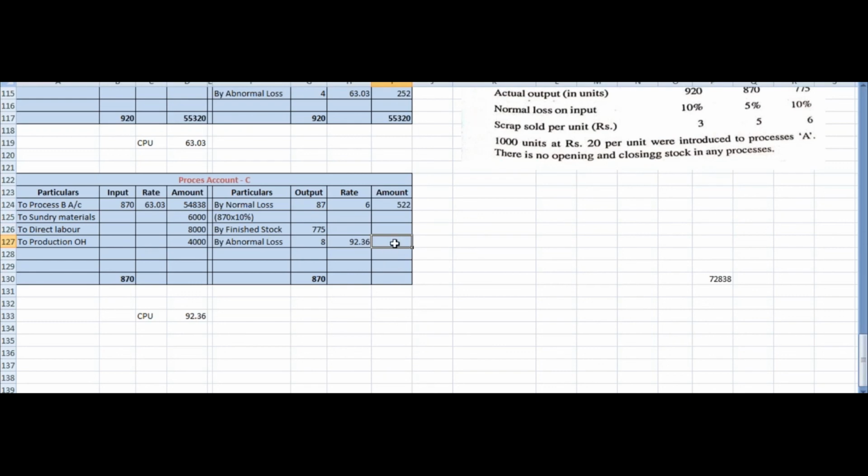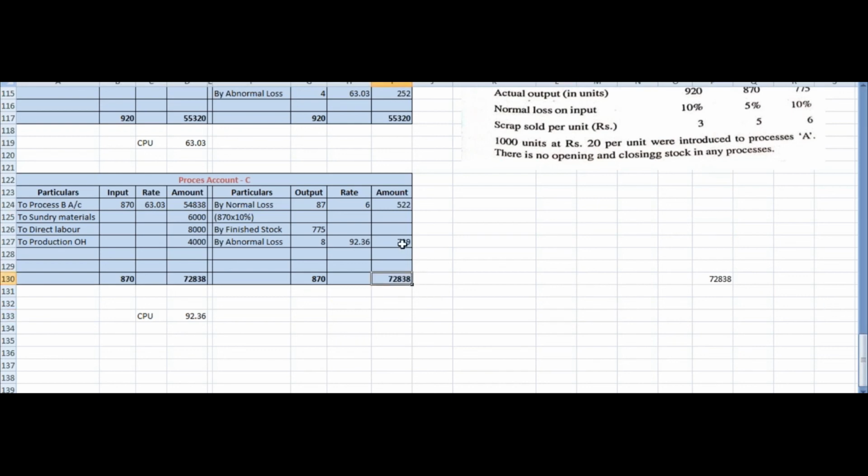It is 738.88, so I rounded that one. Then check the total. This side is 72,838.